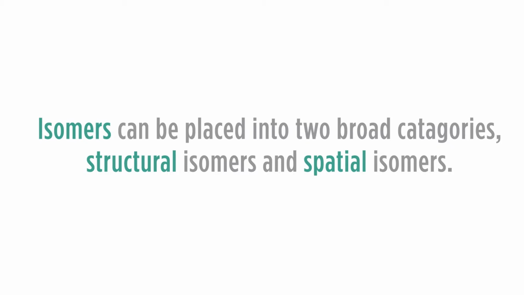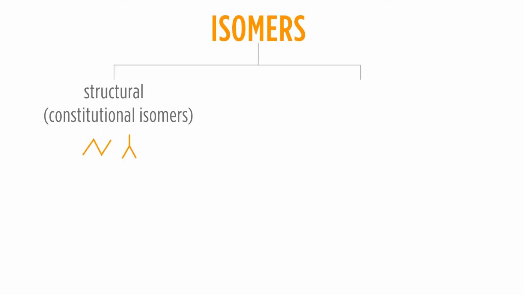If we think about isomers, again, separating into structural and spatial, we can look at this flowchart. If we have a structural isomer, the connections between the atoms are not the same; these will be constitutional isomers. If we had 4 carbons in a straight chain, that would be one isomer.